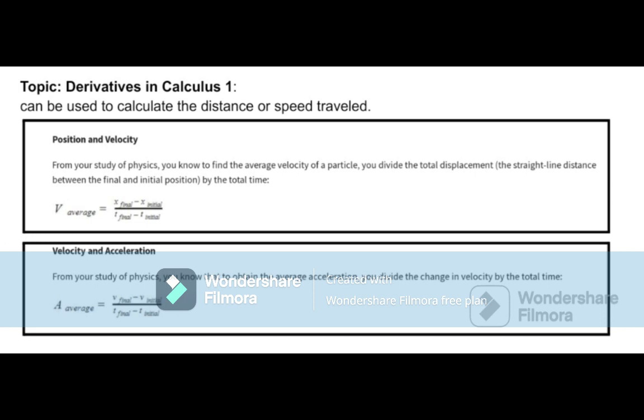To obtain the instantaneous velocity at a particular time, we need the slope of the tangent line at that point of the position-time graph. In other words, we need to take the derivative of the position function x(t) to obtain the velocity function.